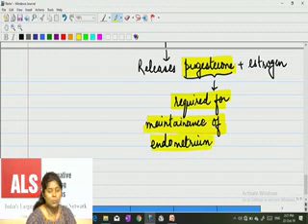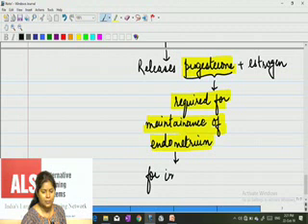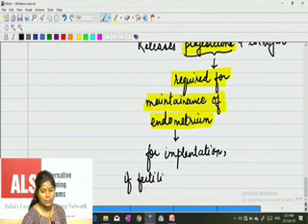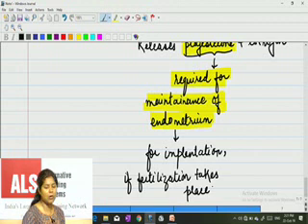So this is very much required for the maintenance of a fully functional endometrium. And why is endometrium required? For implantation, if fertilization takes place.